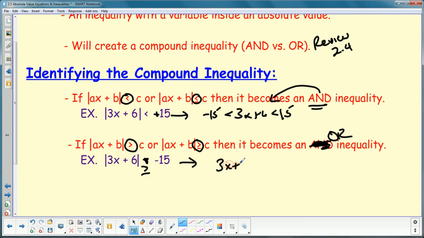One where 3x plus 6 is greater than or equal to 15, or one where 3x plus 6 is less than or equal to a negative 15. In other words, it can't be both of these things at once, so we make it an or. And this first one, it can be both of these things at once, so we say and.